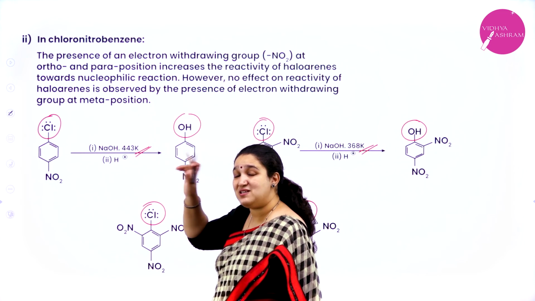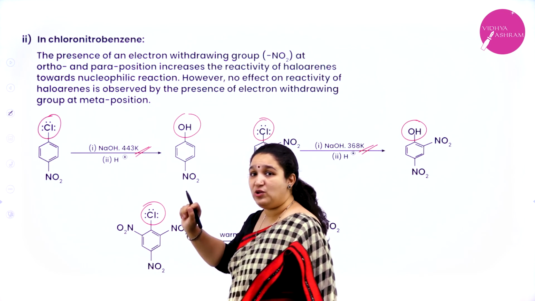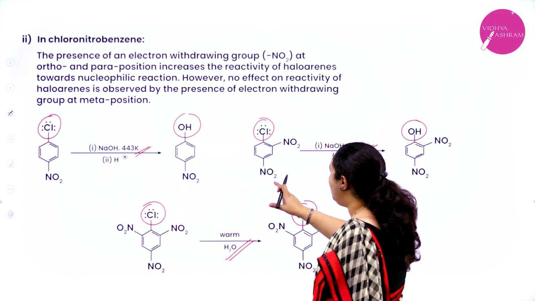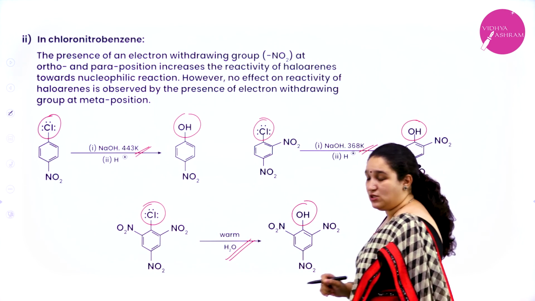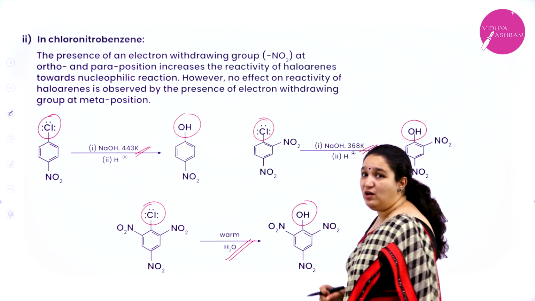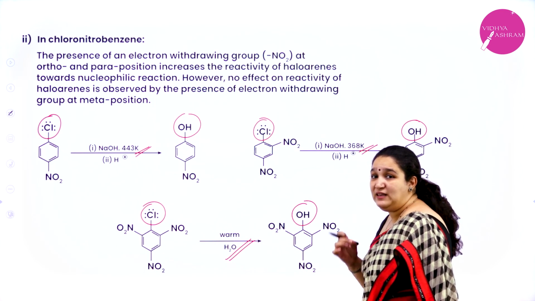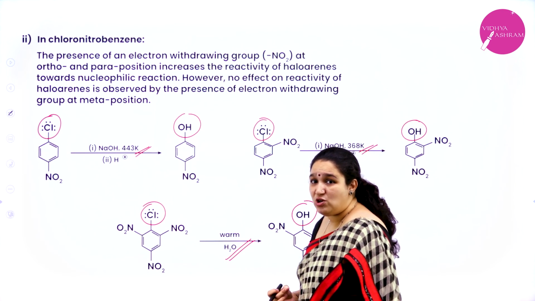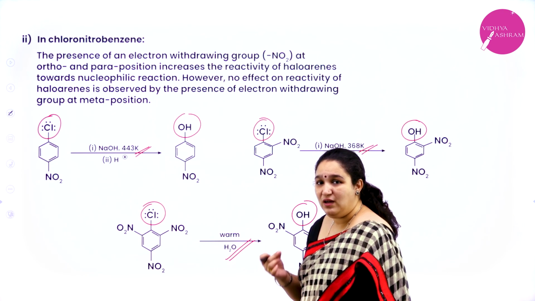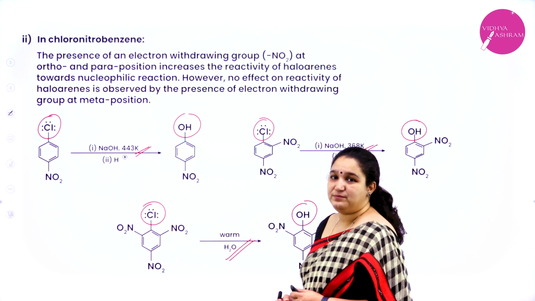There you required 623 Kelvin. Here you require a little lesser temperature. Similarly, if two nitro groups, still lesser temperature. If you have three nitro groups, then it becomes very easy for substitution. So in the presence of an electron withdrawing group, nucleophilic substitution reaction is becoming easier in haloarene.